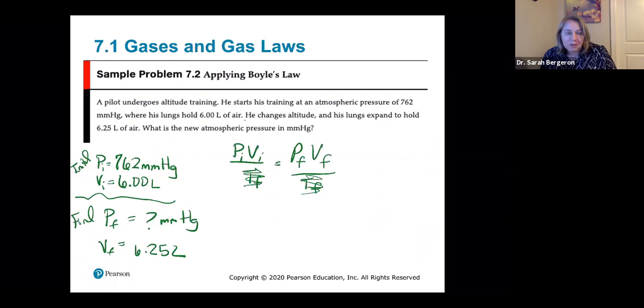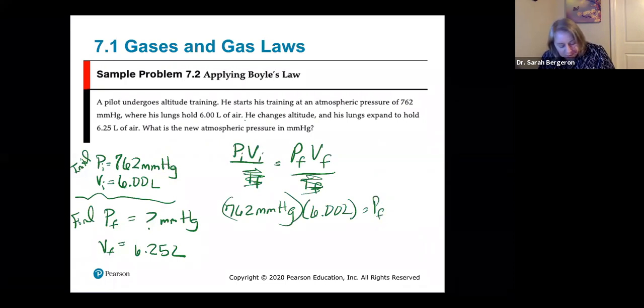Now what's held constant? Temperature's held constant. I can just cross it out. So my pressure initial is 762 millimeters mercury. My volume is 6.0 liters, equal to my pressure final, which I don't know, times 6.25 liters, that's my volume. So what do I do to get pressure by itself?